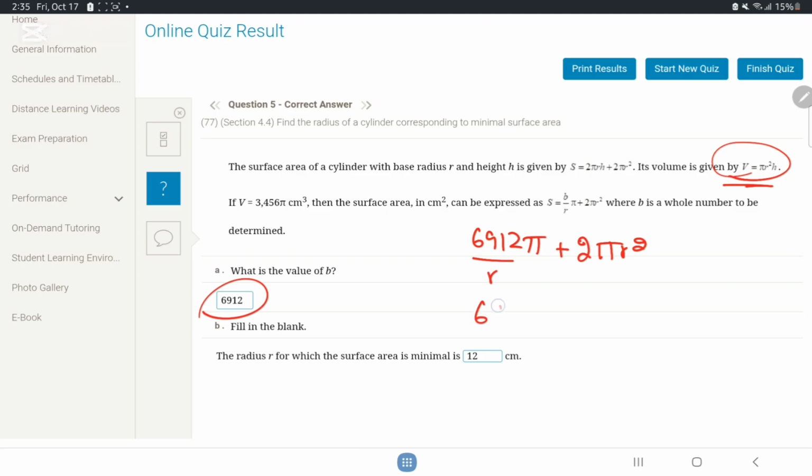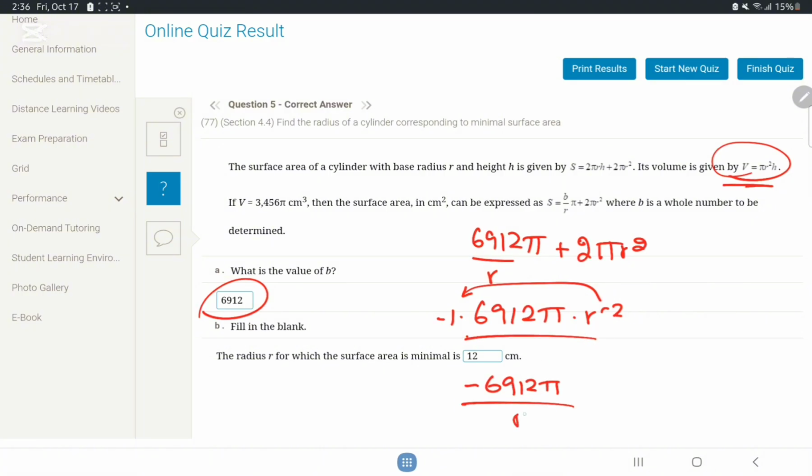Derive this: 6912 pi multiplied by, take r on top, so r to the power of -1, multiply by -1 here, so negative 6912, and -1 minus 1 will get you -2, so pi multiplied by r to the power of -2, so basically over r squared, plus deriving this, take 2 here, so 2 times 2 minus 1, so 4 pi r.